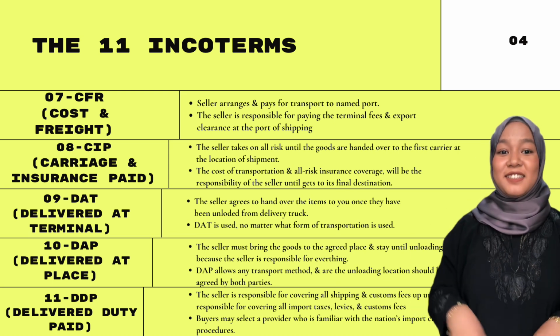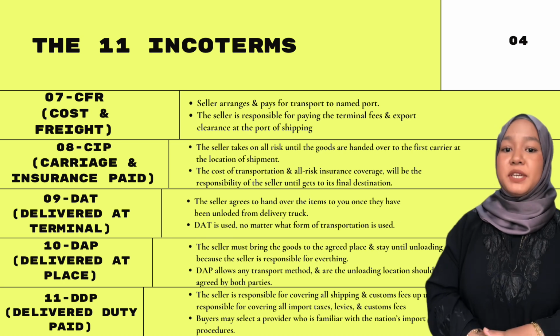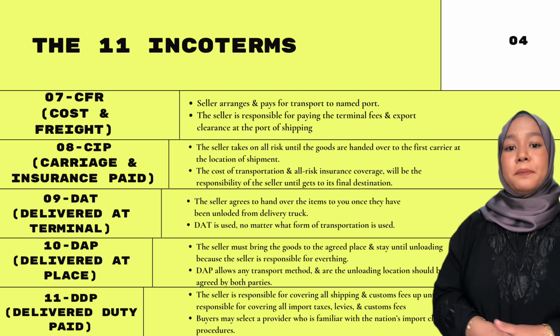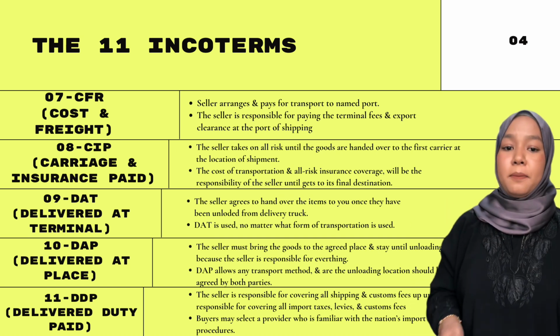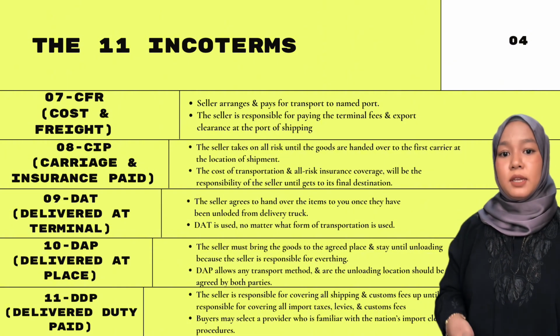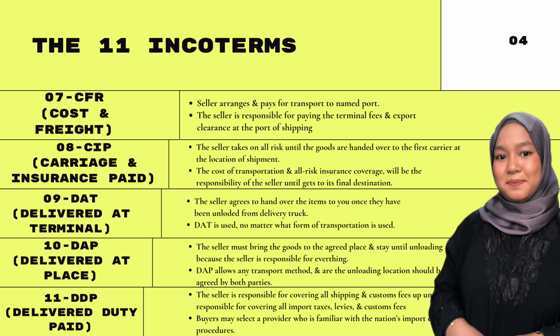Number 10 is DAP, delivered at place. The seller must bring the goods to the agreed place and stay until unloading, because the seller is responsible for everything. DAP allows any transport method and the unloading location should be agreed by both parties.